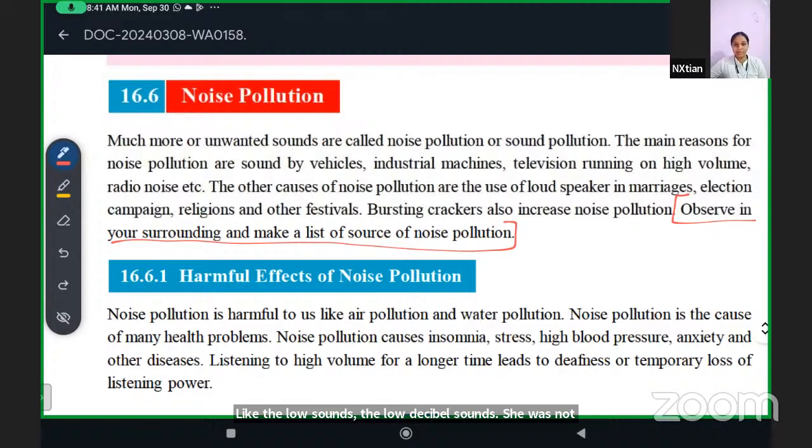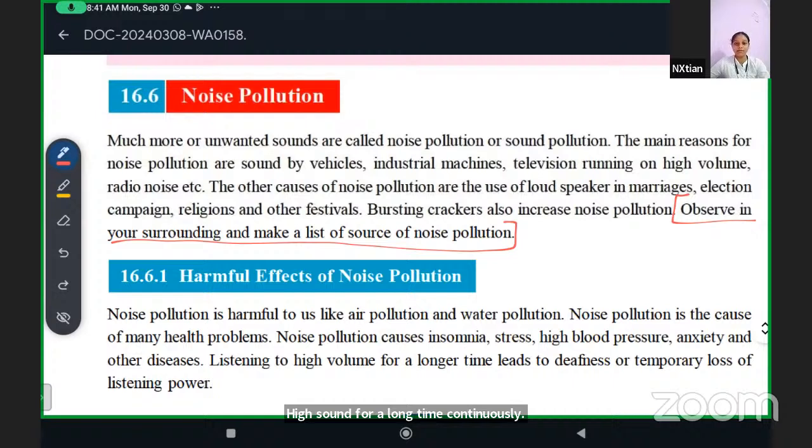She was only able to hear the high decibel sounds. If you whisper, she won't be able to hear it. Normally, if we are close and you whisper to someone, you are able to hear it, right? But she was able to hear only if you're speaking loud to her. So that thing happens if you are listening to music at high sound for a long time continuously. It will damage the hearing.